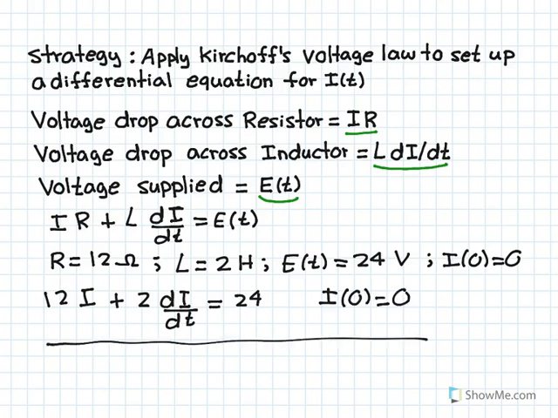We have a differential equation that involves the current I, and we have the initial condition, so we're going to now solve this differential equation for I of t. All right, so we have 12I plus 2 di dt is equal to 24. The initial current I of 0 is equal to 0.